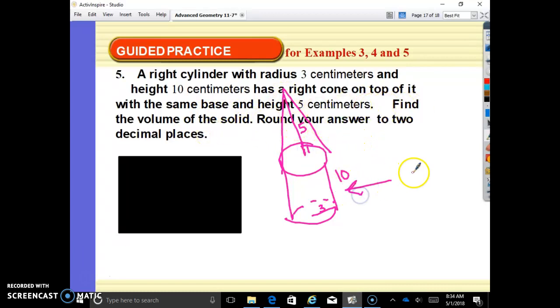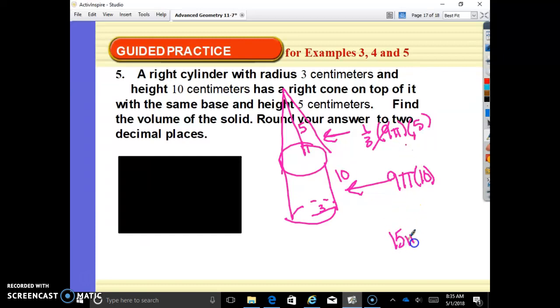Well, the volume down here, area of the base, pi r squared, or 9 pi, times the height of 10. Up here, we have 1/3 area of the base, which is 9 pi, right, pi r squared, times the height of 5. So 9 divided by 3 is 3, so 3 pi times 5 is 15 pi.